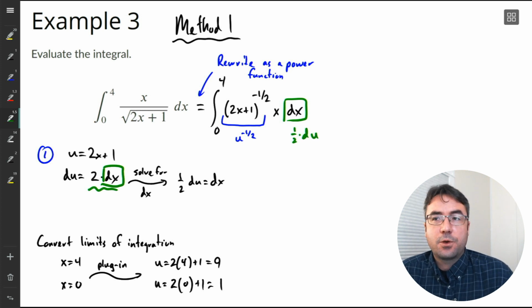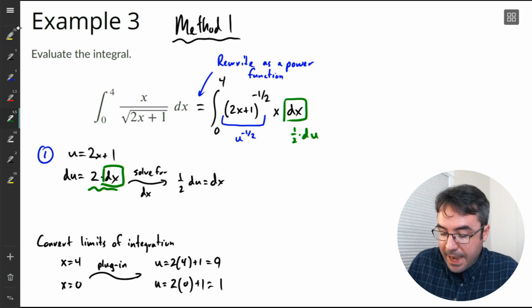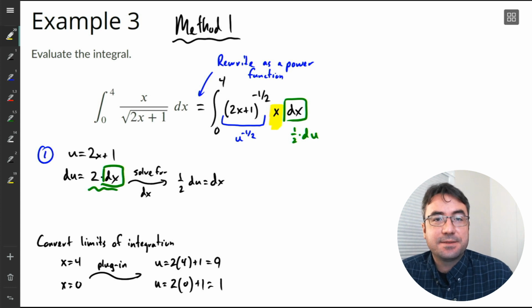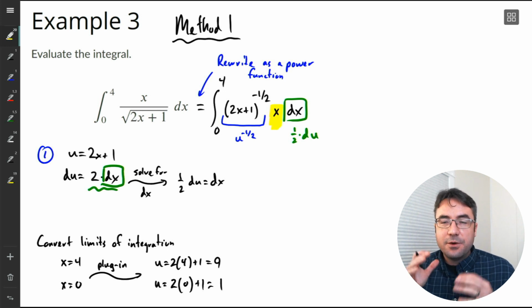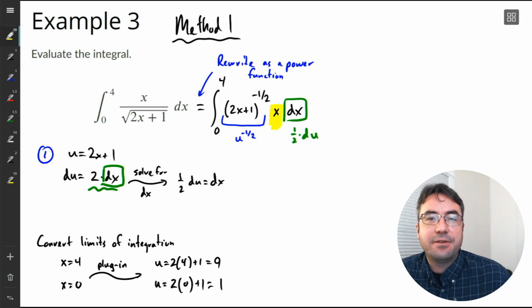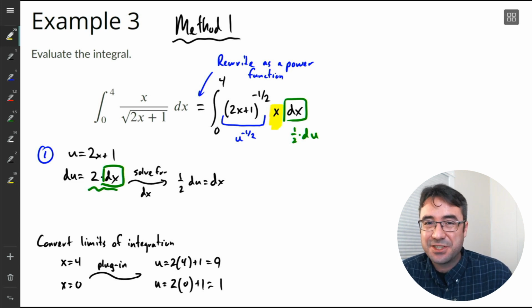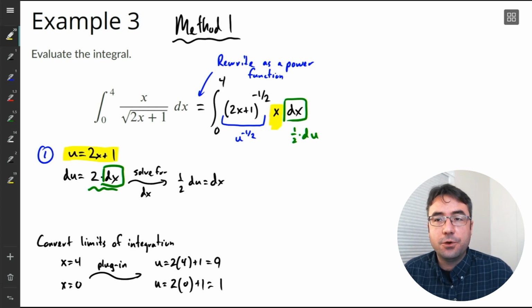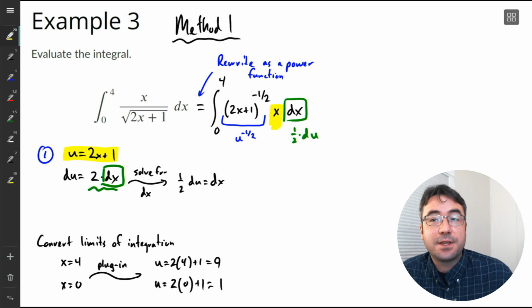And so the question is, what's going to happen to that x term that's kind of still there? We need to do something with that. And if we have x terms that are left over, if we've gone through and converted all of the obvious pieces into u terms, we've converted our differential, and there's still some x's left over, well, then we want to go back to our equation for u and see if we can solve that for x.